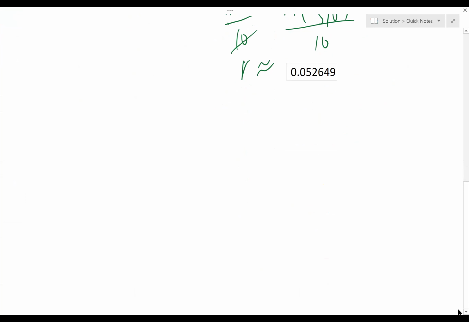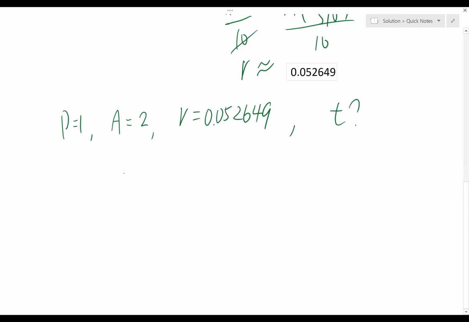For doubling time, you can assume the initial balance, the principal, is $1, one unit, and the ending balance will be 2 units. We know the rate, so copy the whole thing, 0.052649. All we need to do is solve for time t, the doubling time.